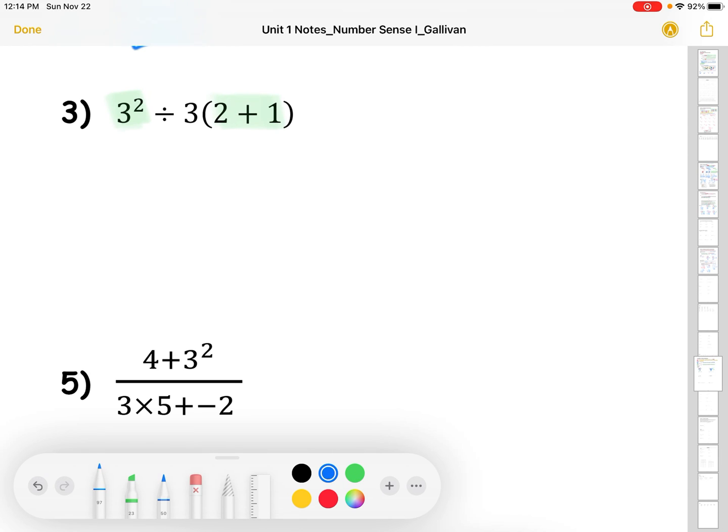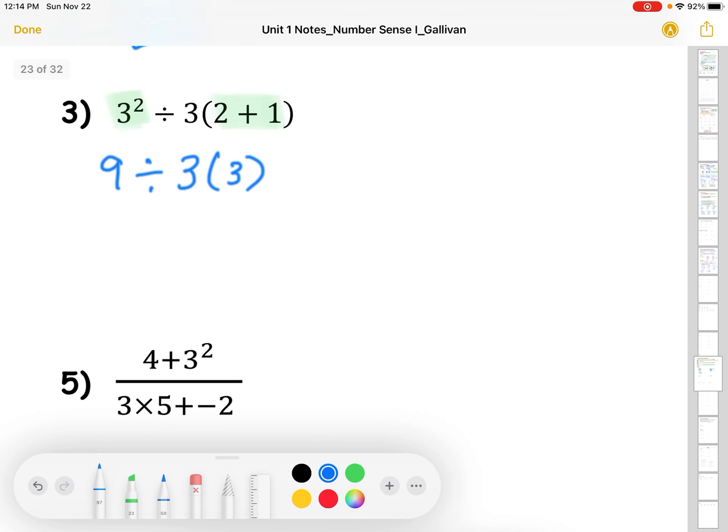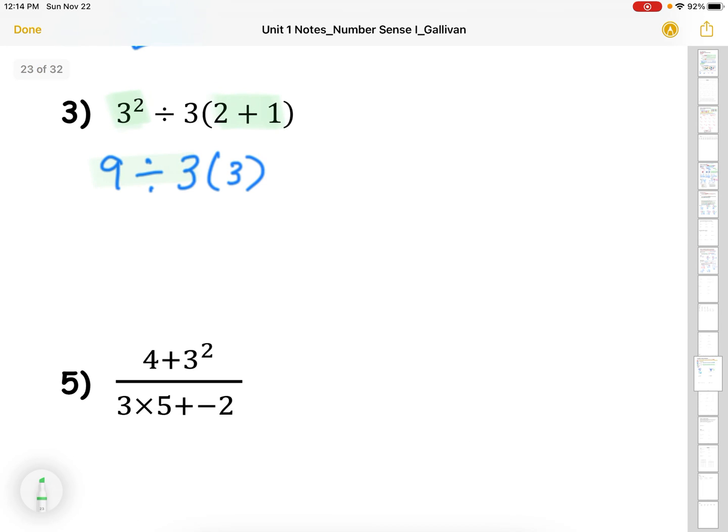So 3 squared is 9 divided by 3 times 2 plus 1 is 3. Now this is where it makes a big difference. Now we have to multiply and divide from left to right. So if I'm looking from left to right, the first thing I see is the division, not the multiplication. Now a bunch of you are saying, but Miss, isn't that brackets there around the 3?